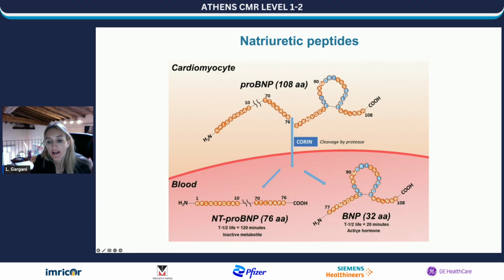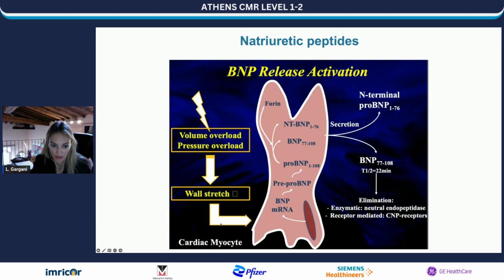So we can dose all the three, proBNP, NT-proBNP, and BNP, but probably the best one to be addressed and dosed is the NT-proBNP because it is more stable in the bloodstream. And these hormones are actually released in the bloodstream when we have a pressure and volume overload of our heart, especially of the left ventricle, but not only.